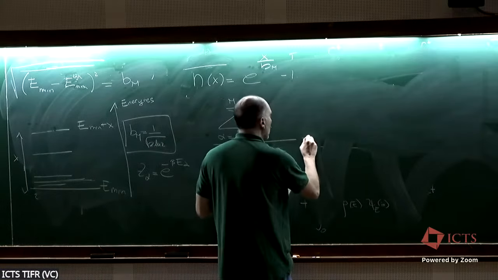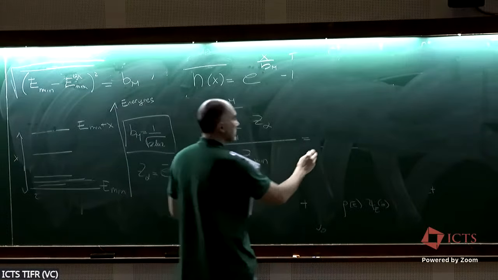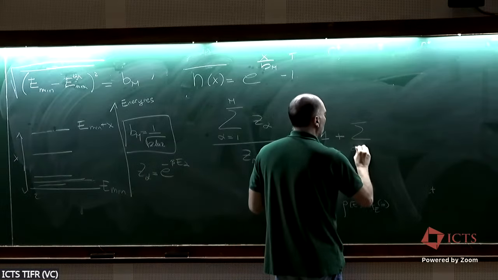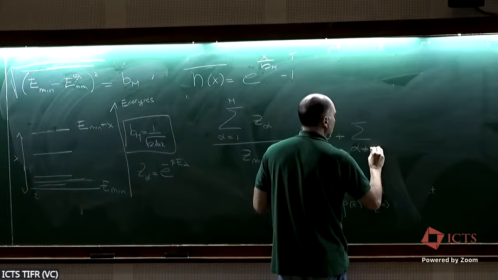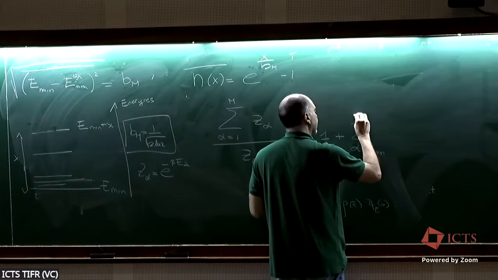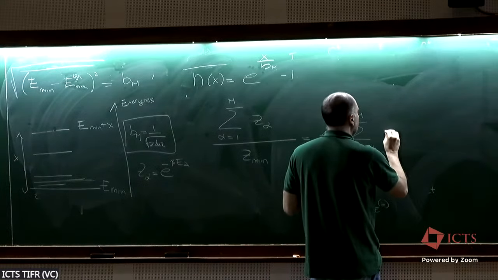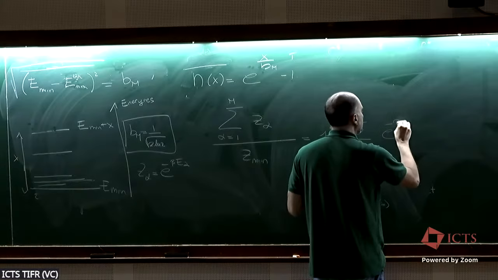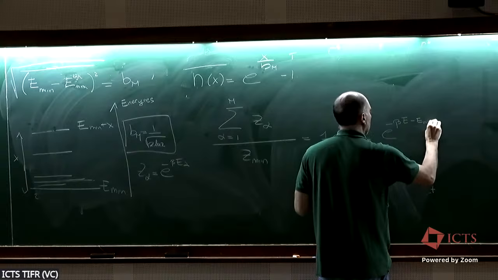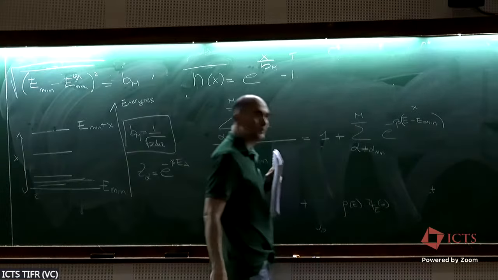So let's look at what we have. Among all the states, there is the ground state, so let's put it as 1. And then we have the sum over alpha different from the ground state of exponential minus beta times E minus the energy of the ground state. This is what we call x.